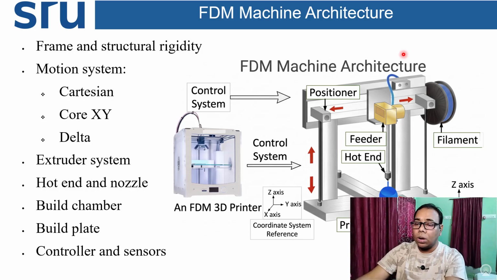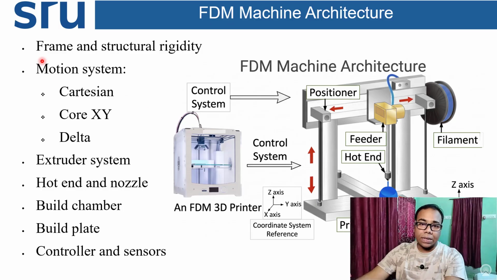All this motion will be controlled by stepper motors. That's why a control system is required for controlling the stepper motors. In different steps, the motors will be moving. So this is the architecture of a generalized 3D printing machine.